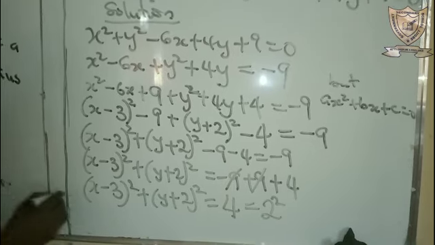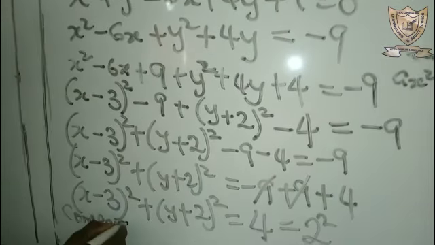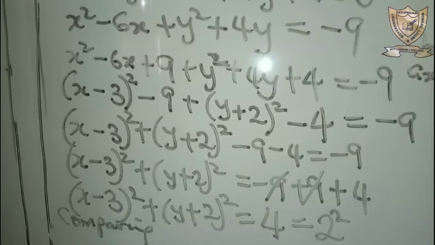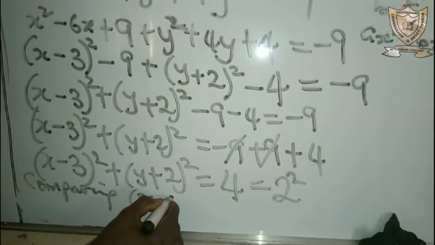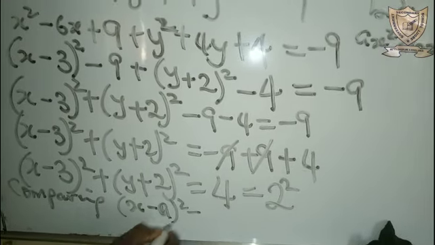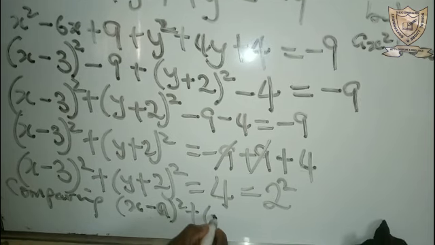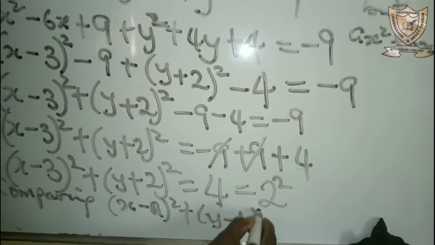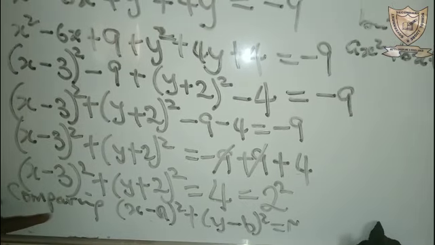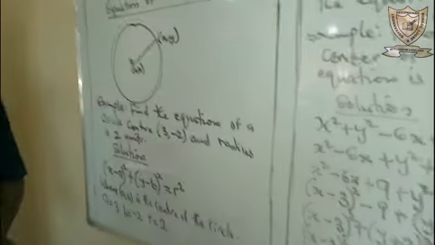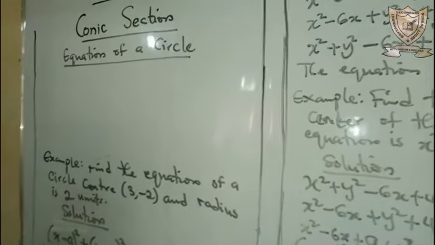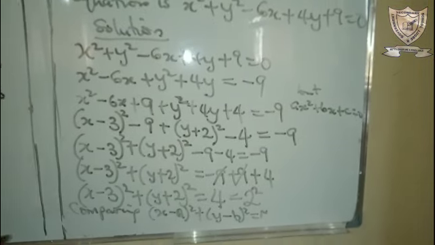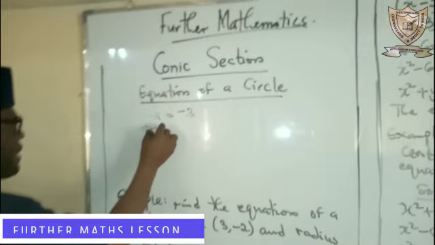So comparing with the equation of a circle, which is (x minus a) whole squared plus (y minus b) whole squared equals r squared. Comparing, minus a equals minus 3, so a is equal to 3.